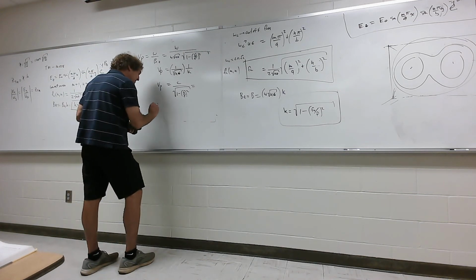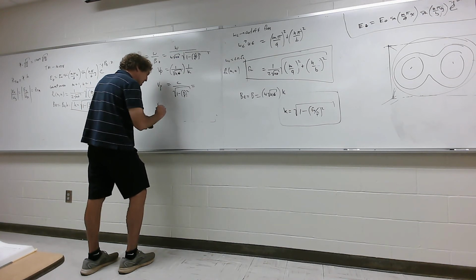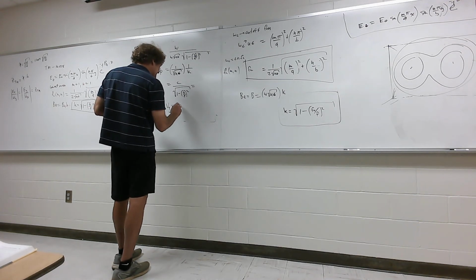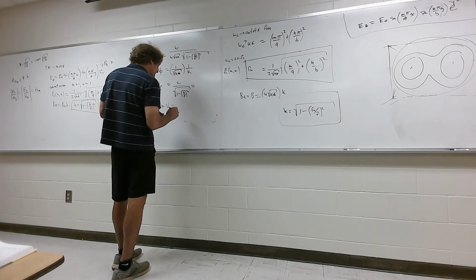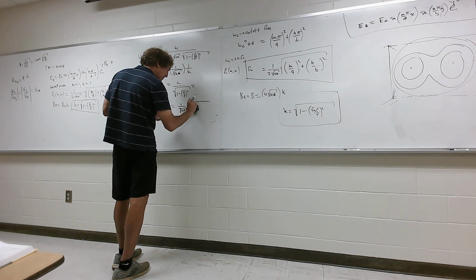The velocity of energy, or the group velocity, I'll call it V group, is equal to really c, or 1 over the square root of mu epsilon, times the square root of 1 minus fc over f squared.